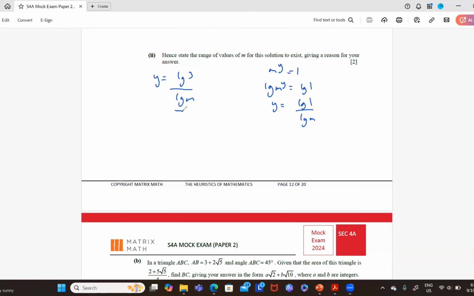In both cases, if your denominator is 0, there is no solution for y. Okay, so make sure you adjust the value for m such that you cannot have your denominator be 0. So the range of values for 7 part 2 is simply that m has to be more than 0.